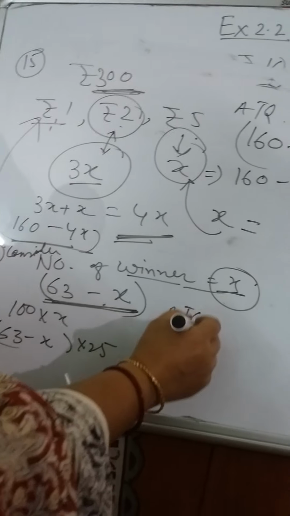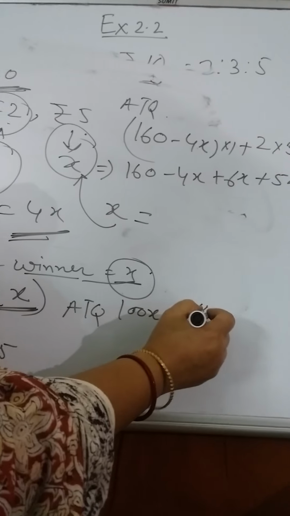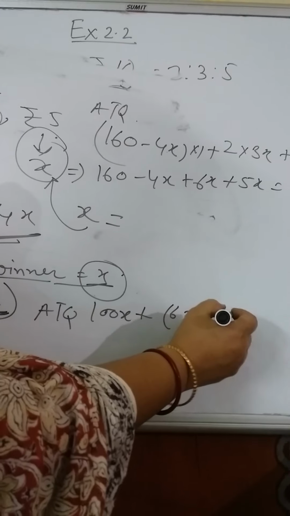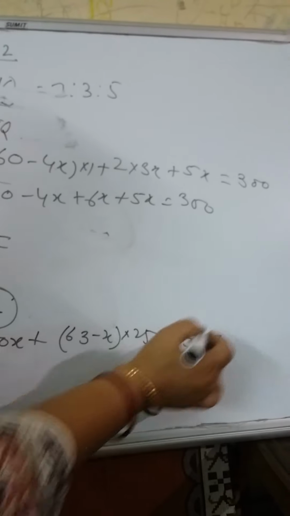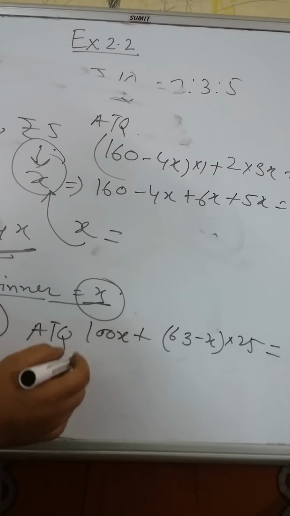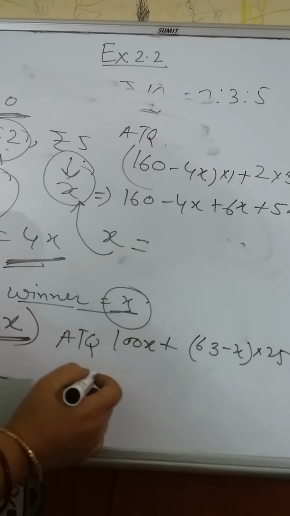According to the question, 100x plus 63 minus x into 25 will equal 3000. Now I think you can do it easily. Solve it. Thank you.